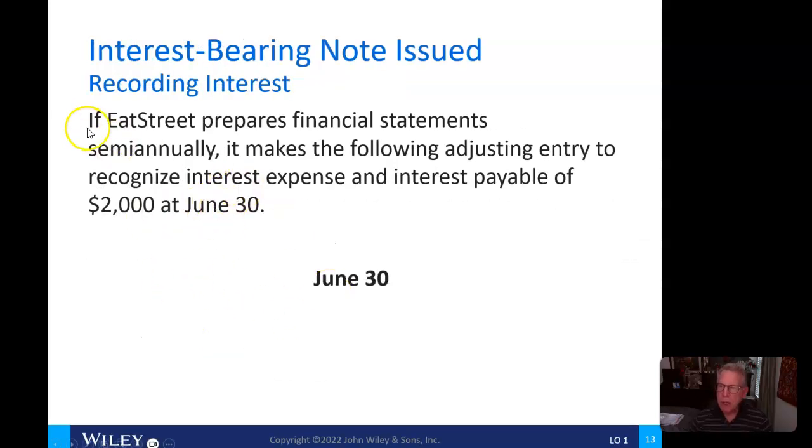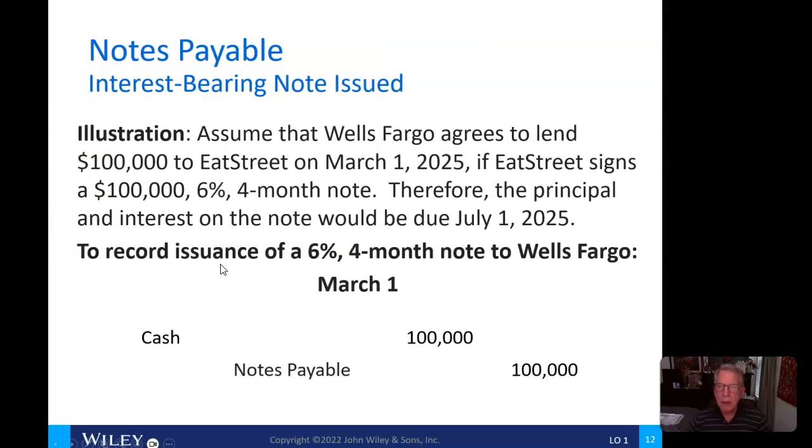Now, interest comes along. If Eat Street prepares financial statements semi-annually, it makes the following adjusting entry to recognize interest expense and interest payable of $2,000 at June 30th. So on June 30th, let's go back to these terms. We started here on March 1, 4-month note.